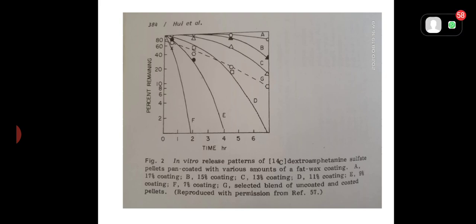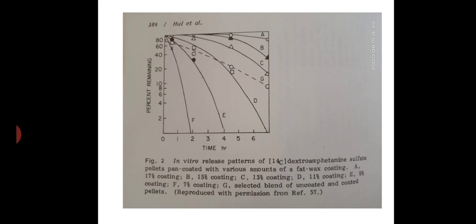Just the opposite is the case when the coating thickness is very less: more drug is released, and within a shorter period of time the entire amount of drug is released out of the delivery system.